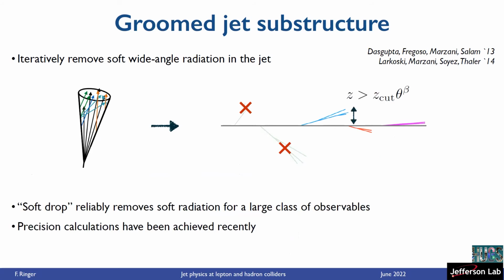There's still this additional dependence here, so I can modify this a little bit. z cut is something I can choose, for example 0.1 or 0.2. That's just a free parameter. I can also make it dependent not only on an overall energy cut, but also on theta, where theta is the distance to the main branch. If I include this, then it will primarily remove radiation at the boundary of the jet, which is where I expect the main problems.